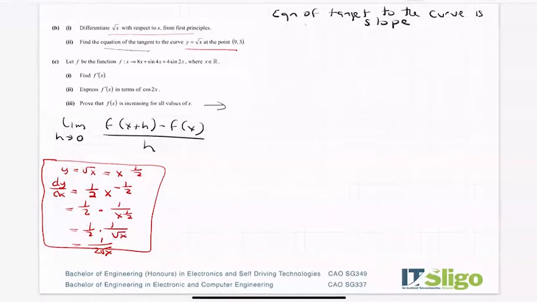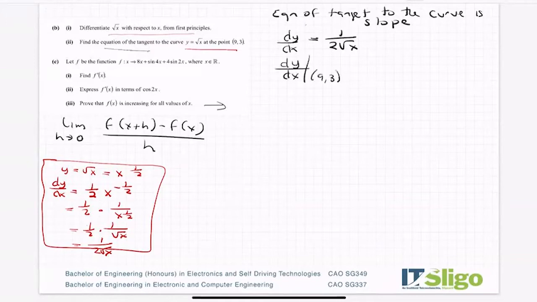Okay, so you know that slope of that curve is equal to 1 over 2 root x. We know that because we got it in part 1. So it's in what is the equation of the tangent to the curve at the point 9, 3. Okay, so what is dy dx at the point 9, 3?